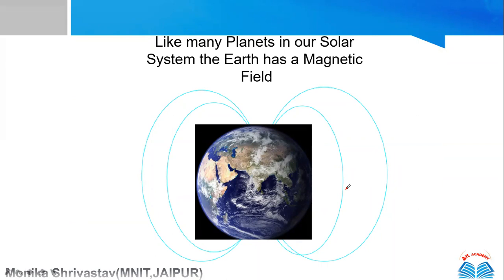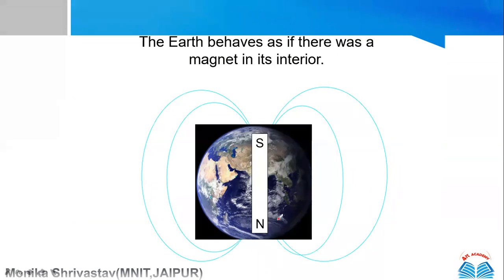Every planet in our solar system has a magnetic field. I can say many planets have a magnetic field and Earth is one of them. So if it is the Earth, then the conventional magnetic field lines will be like this, making loops around the Earth.